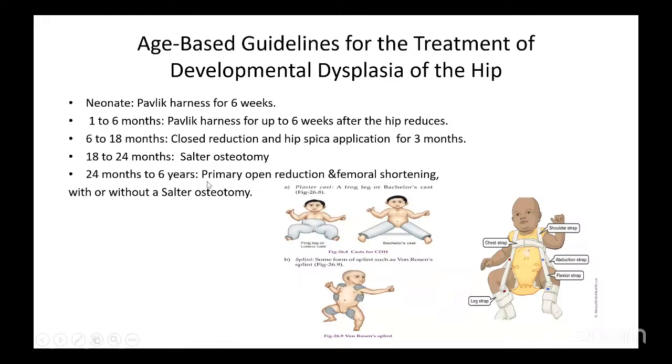From 2 years to 6 years, open reduction only is advised because it is very difficult to reduce by closed methods after 1.5 years. Primary open reduction, femoral shortening with or without Salter's osteotomy.